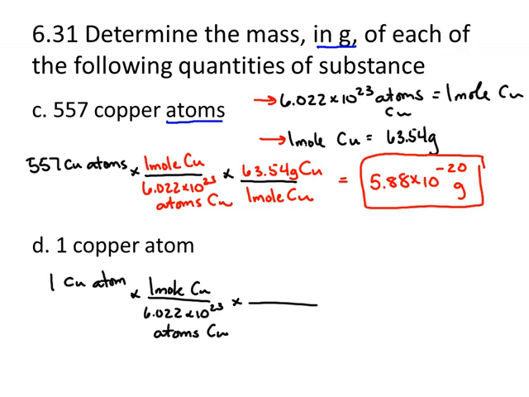And I need to go to grams, so I use the molar mass of copper, 63.54 grams copper, and that will give me 1 divided by 6.022 times 10 to the 23rd times 63.54 gives me 1.05 times 10 to the negative 22nd. Now, technically, this said 1 copper atom, so I'm going to call that 1 sig fig and say this is 1 times 10 to the negative 22nd grams.